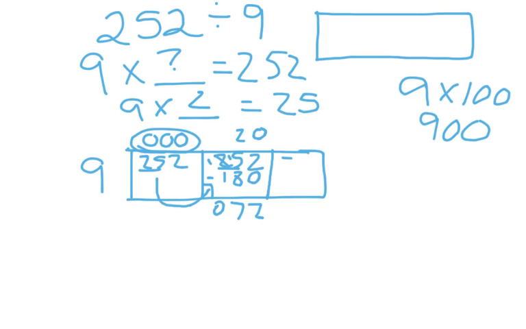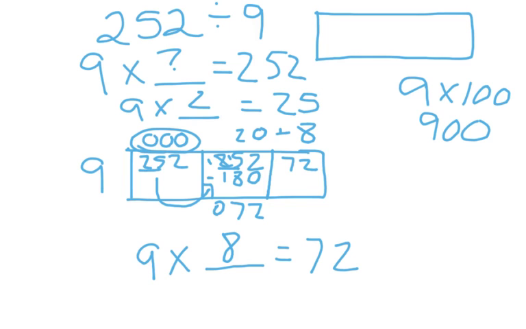I'm going to pull my 72 over here. And now I'm looking at my basic facts one more time. 9 times what is going to get me close to 72? Well, if we know our basic facts, we know that that is an 8. So now we're going to take 8 and multiply. 9 times 8 is 72. And we're going to come up with 0 remainders.